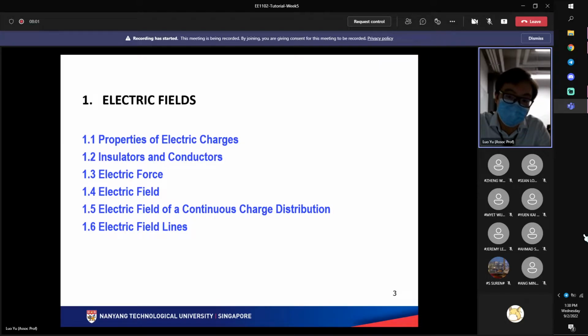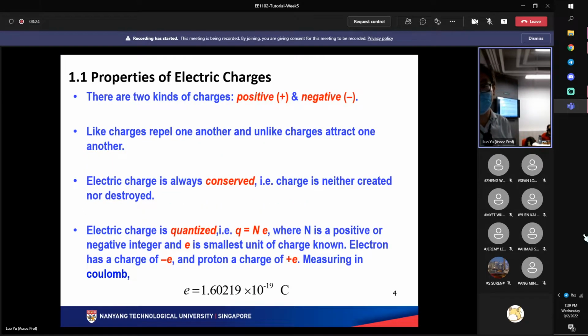Then what are electric force and electric field, and how to calculate the electric field due to multiple point charges or a continuous charge distribution. The last topic is how to use electric field lines to visualize the electric field.